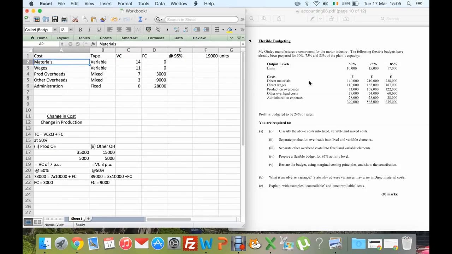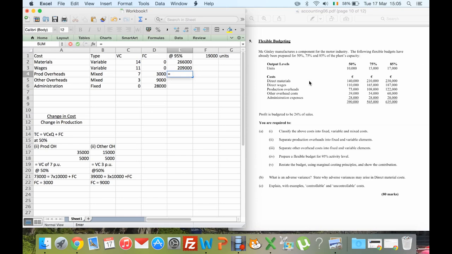Okay. So if I do my variable cost here, that's going to be 19,000 multiplied by that. For the wages, it'll be 19,000 multiplied by the 11 per unit.